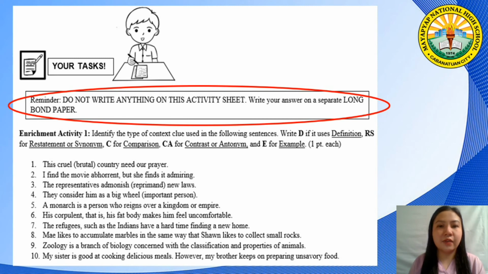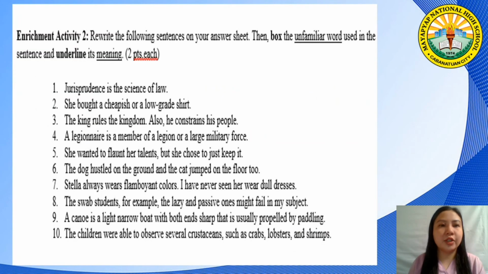Write D if it uses definition, RS for restatement or synonym, C for comparison, CA for contrast or antonym, and E for example. For enrichment activity number 2, rewrite the following sentences on your answer sheet. Then, box the unfamiliar word used in the sentence and underline its meaning.